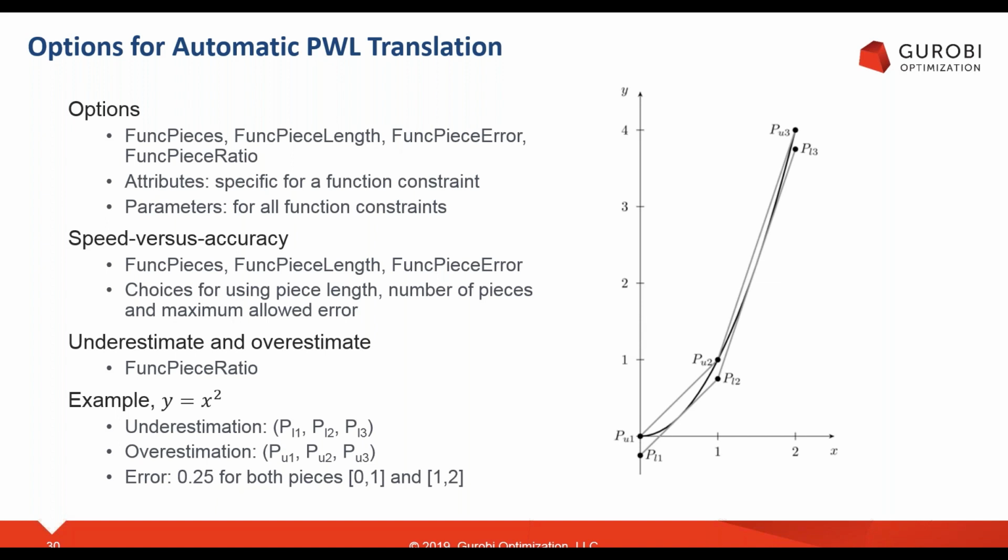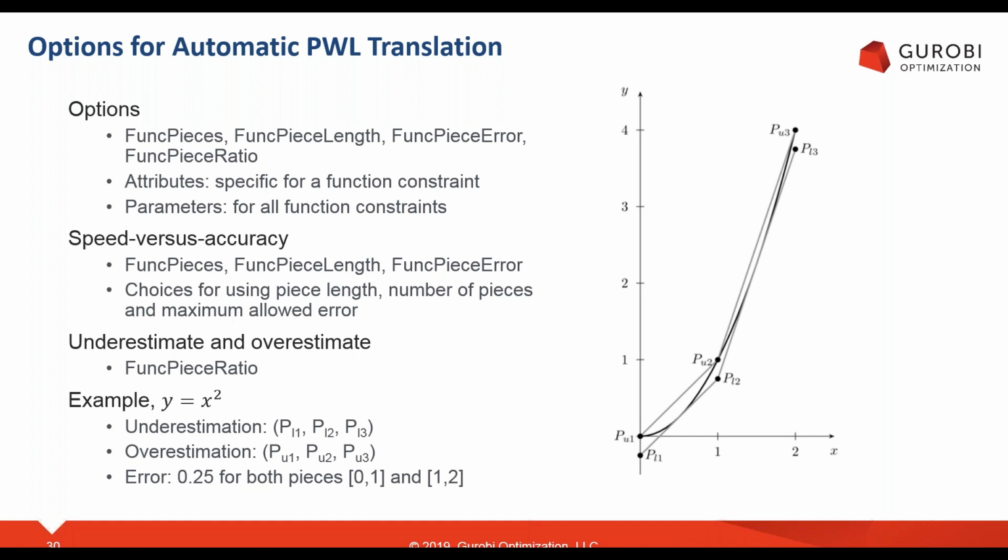And if you don't specify them for a particular function constraint, then there are also parameters that act as the default values, which you can set. And these 4 attributes and parameters control this speed versus accuracy trade-off that you have here.